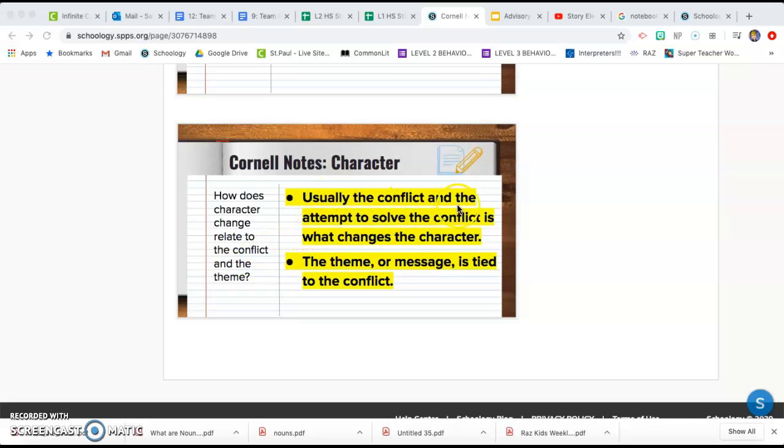Usually, the conflict and the attempt to solve the conflict, that's like when they try to fix the problem, is what changes the character. We know the 2 little pigs who made the bad house had a problem with making the strong house, and the wolf almost got to them. We know the characters changed from trying to solve that problem of not getting eaten by the wolf.